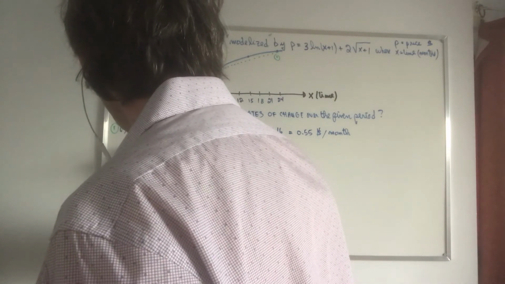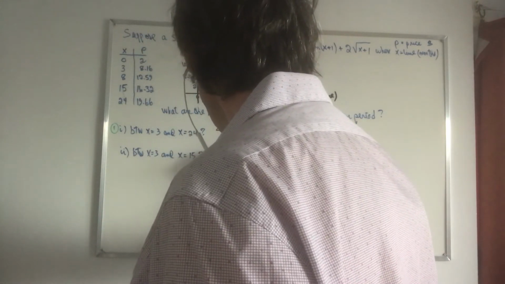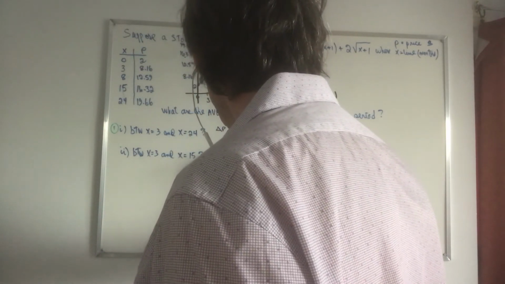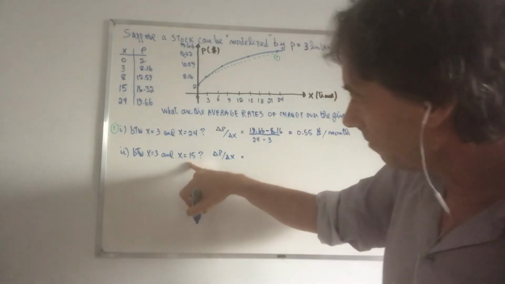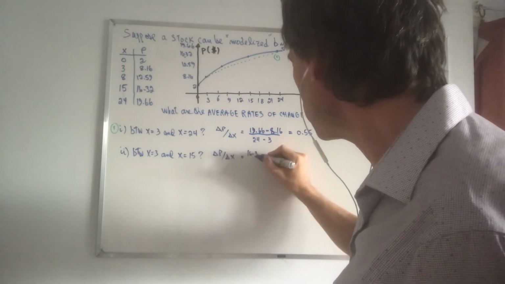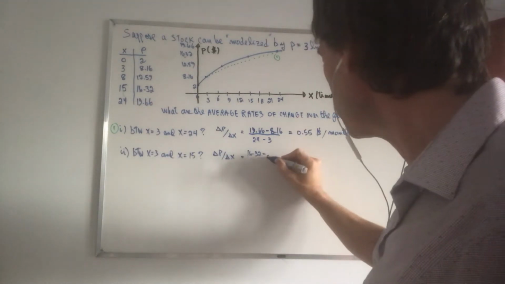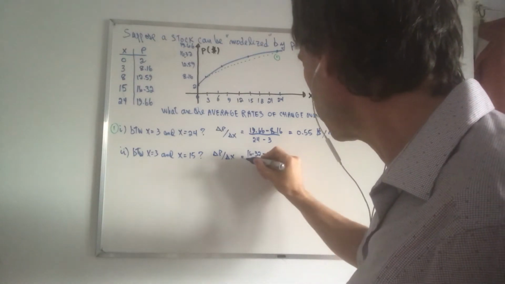Let's calculate the same thing between x equal to 3 and x equal to, say, 15. Once again, delta P over delta X. This time it's the value of the stock at 15, 1632, minus the value of the stock at 3, that hasn't changed, but the time interval has changed.